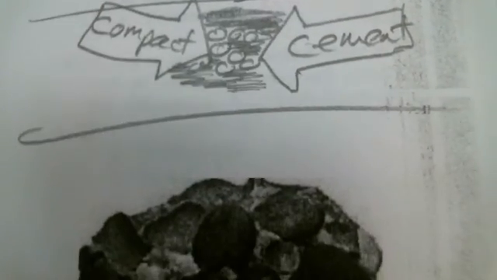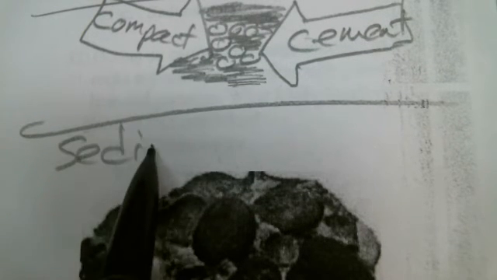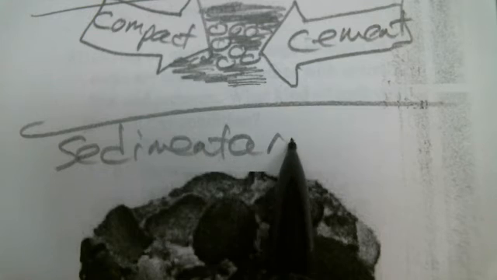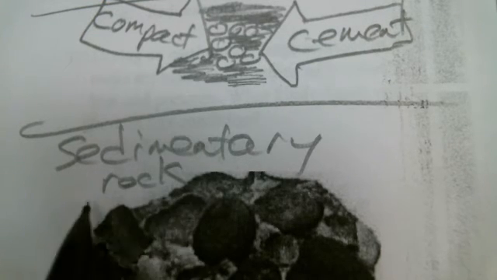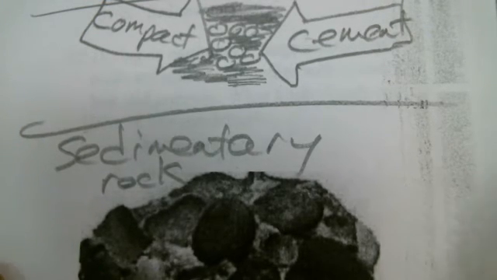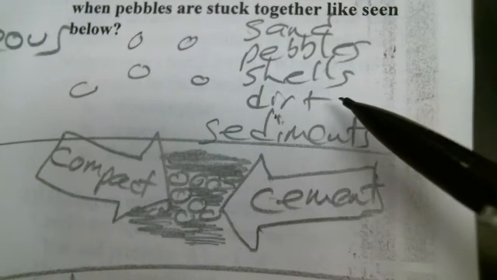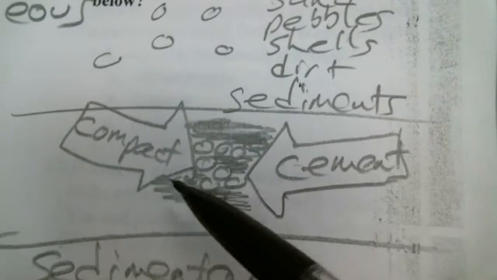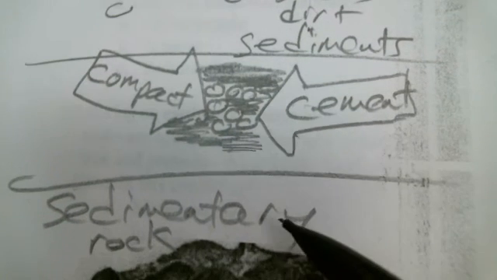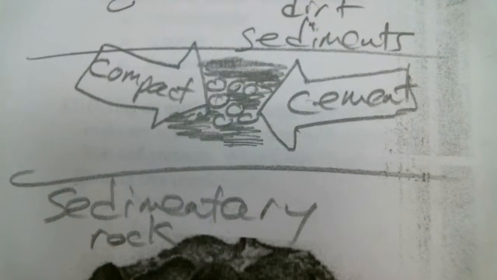And therefore, we end up with this thing that's already shown, and that is a sedimentary rock. So sediments, like pebbles and sand and shells and dirt, get compacted and cemented together to make sedimentary rock.